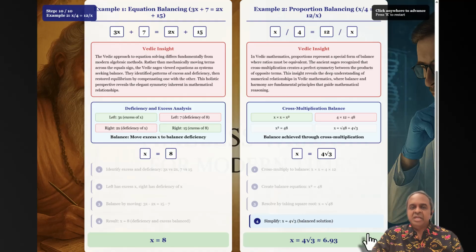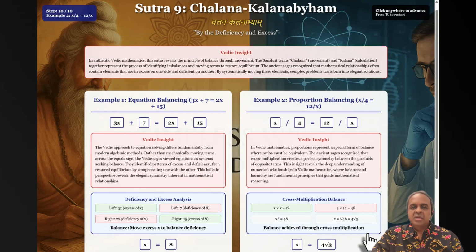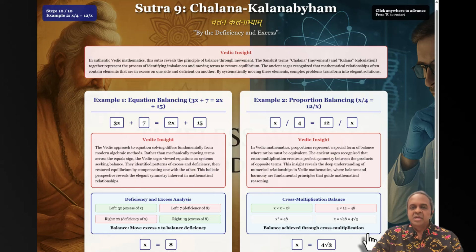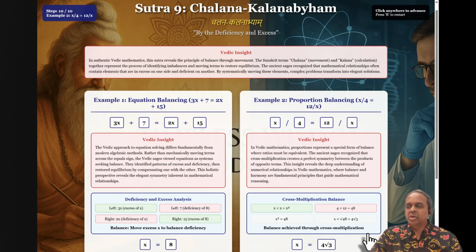So what we have seen in Chalana-Kalanabyham is that it teaches how to look for patterns of excess and deficiencies, and in this case, as compared to the previous Sutra 8, it is for mathematical equations. By identifying what is too much on one side and what's too little on the other, we can systematically balance equations and find elegant solutions.